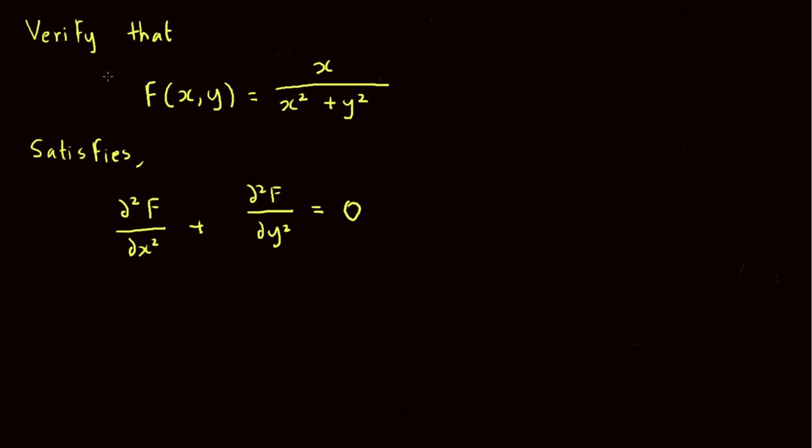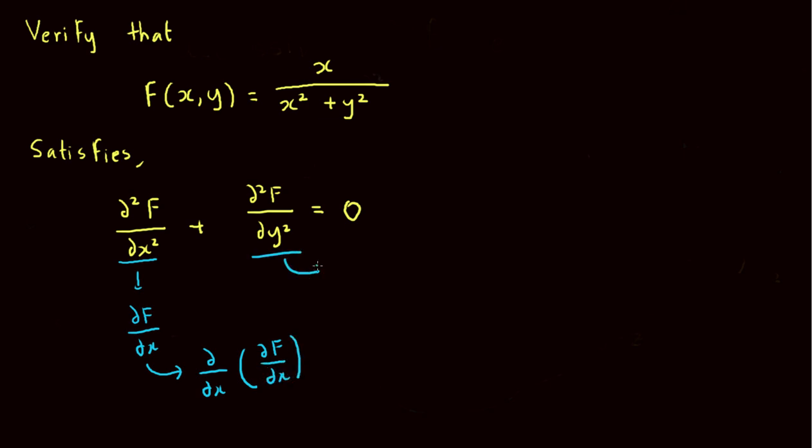Okay, so what we have to do, of course, is find the derivative, del f del x, and then later we also have to find it a second time, the del square f over del x square.